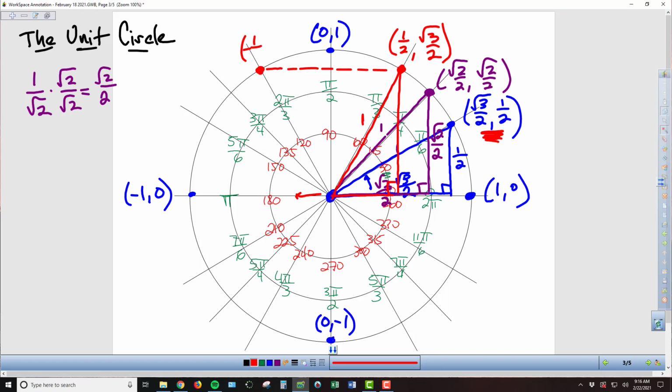It's just I'm going to have -1/2 as my x coordinate and positive √3/2 as my y coordinate. And the same thing is going to be true for the other 2 points in the second quadrant. If I draw a horizontal line here to get to this location, we can see I have the same y coordinate, which means I'm going to have the same x coordinate as well, just negative, just like we had with the previous example. So the coordinates here are going to be -√2/2 for x and positive √2/2 for y.